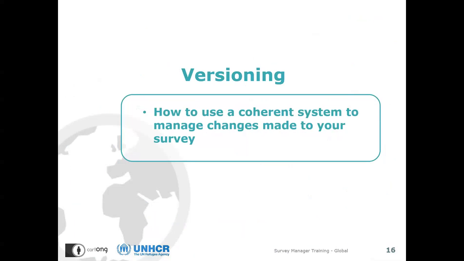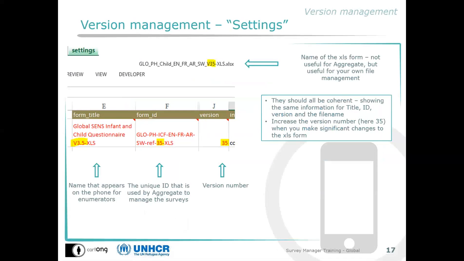Okay, then two more theoretical topics, and then we go to the demo. The versioning. This is rather important: how to use a system to manage your surveys and the changes to your surveys as well. And we usually do this in the settings tab, as well as in the full name of your Excel file.